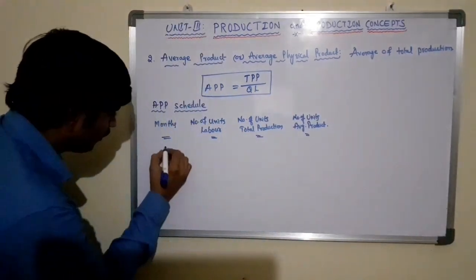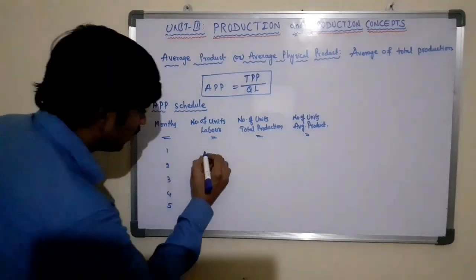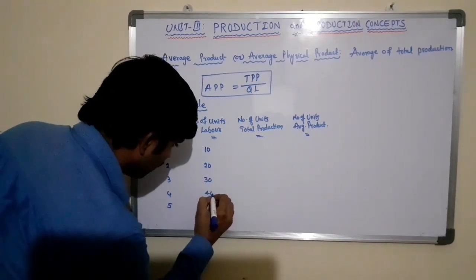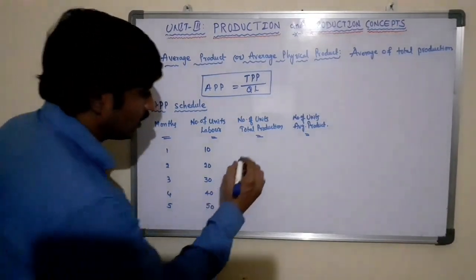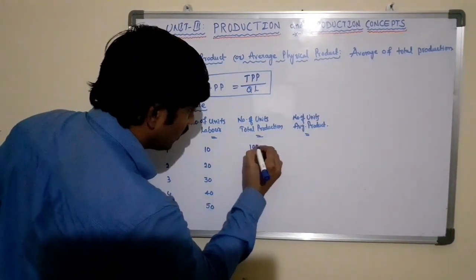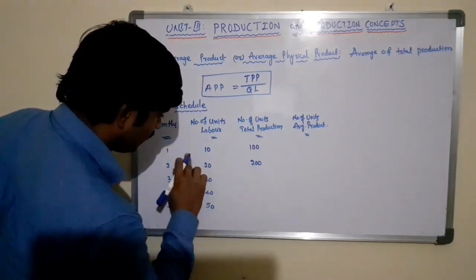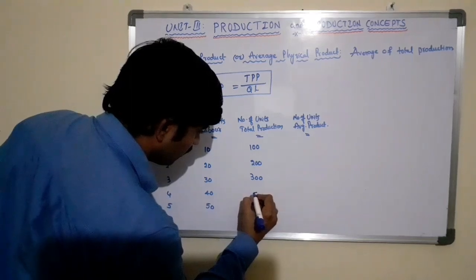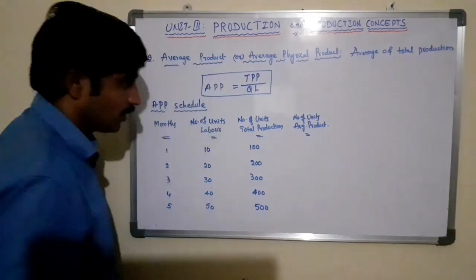So here we are producing for 5 months, and the labor is 10, 20, 30, 40 and 50 for the corresponding period, and the number of units in production is 100 for the first month, 200 second month, 300 third month, 400 fourth month and 500 fifth month.